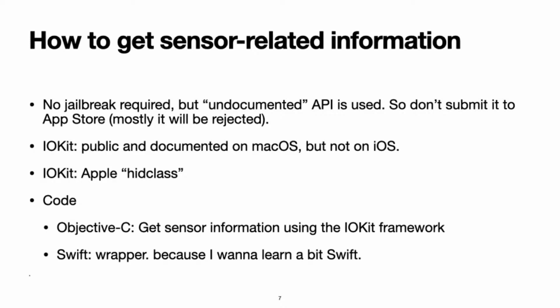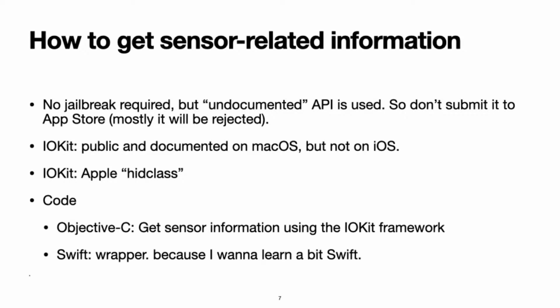What is undocumented? It's the IOKit part. The IOKit is public and well documented on macOS, but not on iOS. I'll talk more about this later. We use Apple's HID class of IOKit to retrieve information.